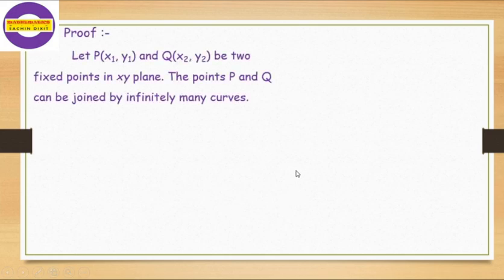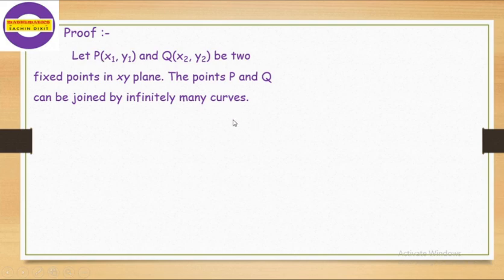Proof of this Euler-Lagrange's equation. Let P(x1, y1) and Q(x2, y2) be two fixed points in the xy plane. The points P and Q can be joined by infinitely many curves.